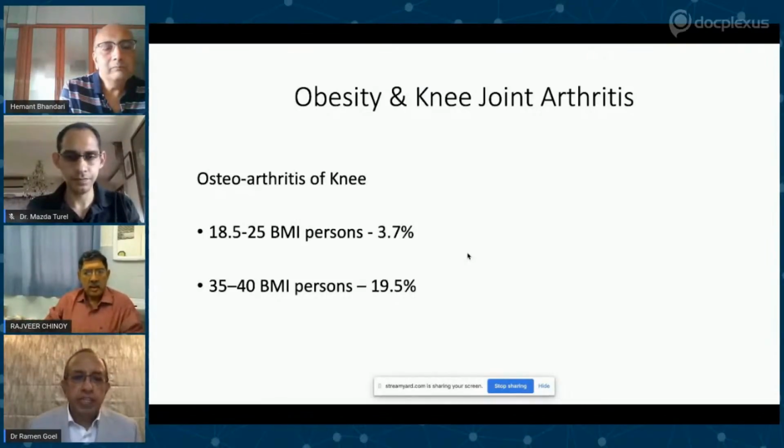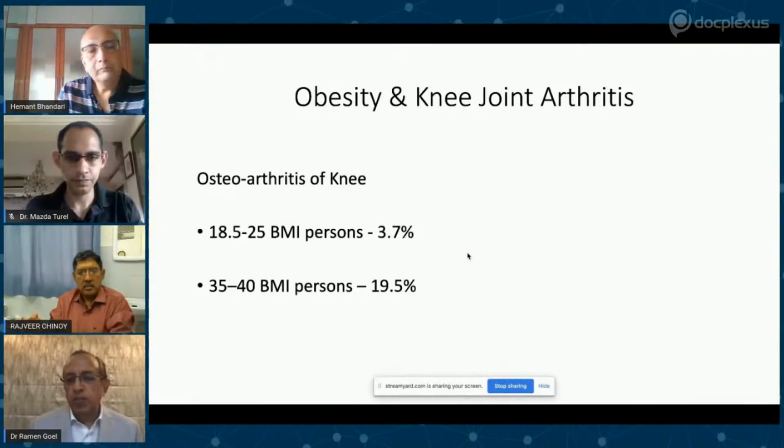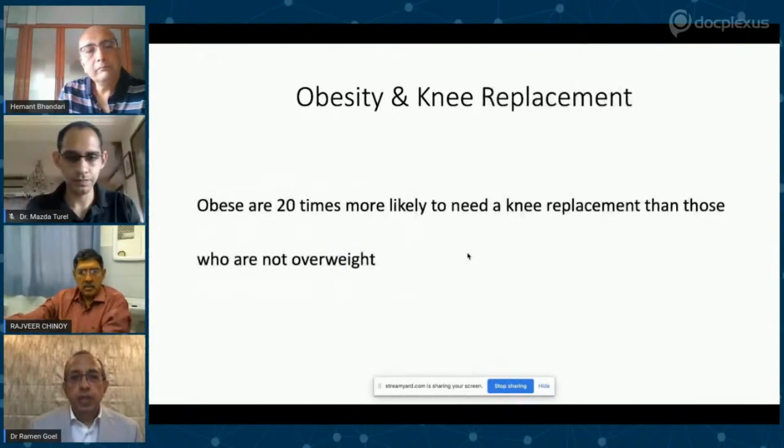Okay. So as the slide shows, the osteoarthritis percentage improves many-fold as the person's weight increases. So this is an important component. Dr. Bhandari, is it true what is written here?